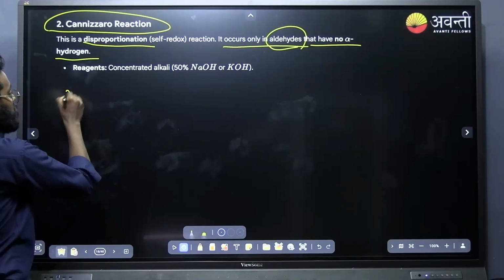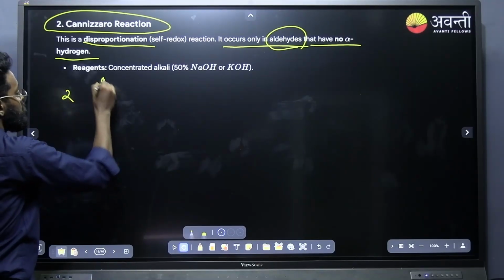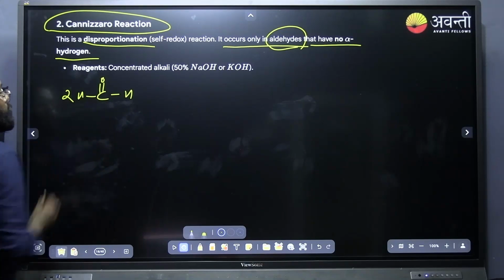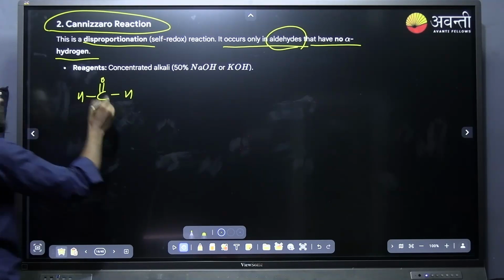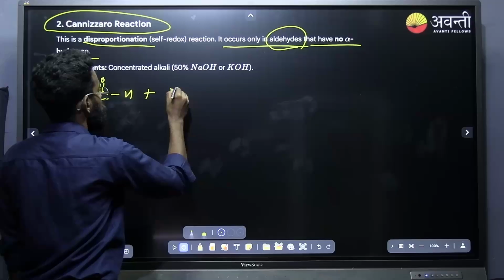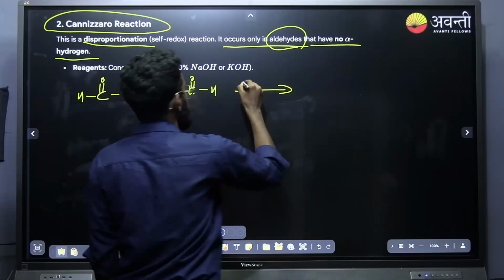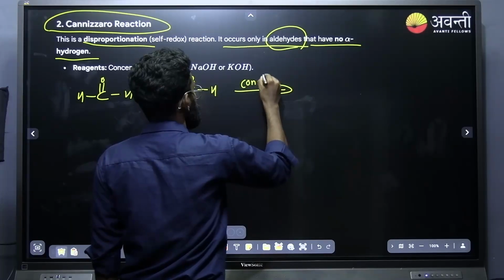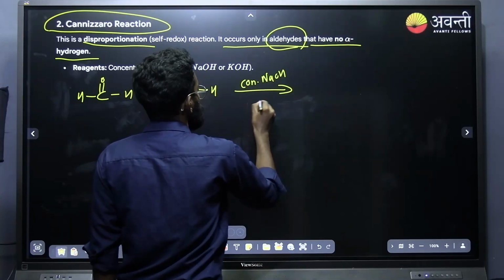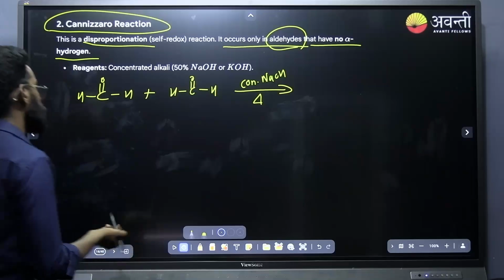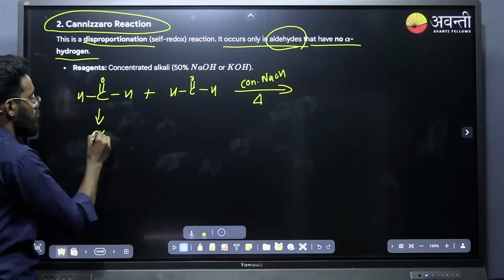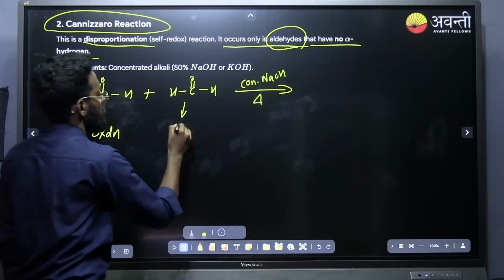I am taking formaldehyde, that is 2 molecules of formaldehyde. There will be one formaldehyde, then another one will be H. And if I am taking concentrated NaOH in presence of heat, how can we find out the product? Among these, one will undergo oxidation, another one will undergo reduction.